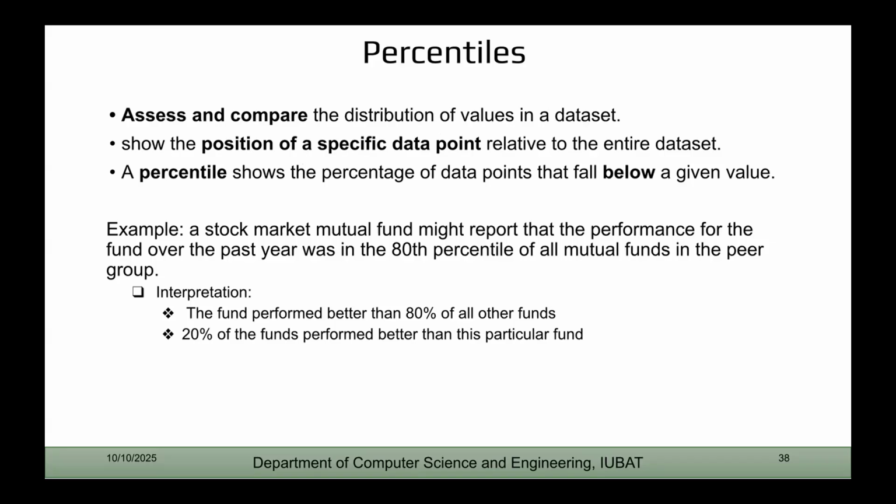A percentile shows the percentage of data points that fall below a given value. That means we are saying, okay, these 4 values are less than 5.